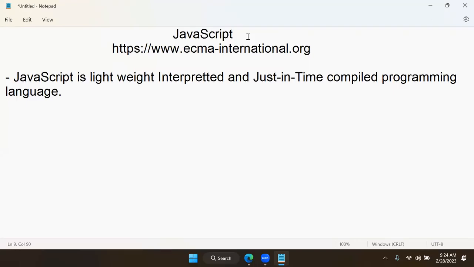Whatever definitions and concepts you learn here are as per ECMA standards. We will not take up any controversial definitions, because people come with various points: I have seen this YouTube channel, that website, and they told me like this. We don't care who said what on YouTube. We care only about what the people who built JavaScript told us.